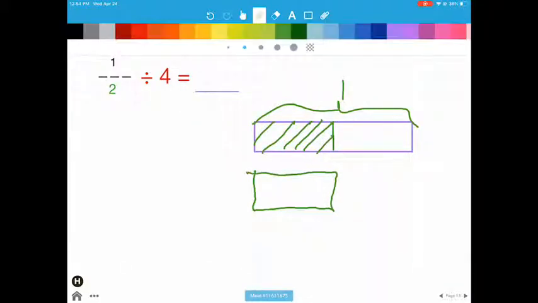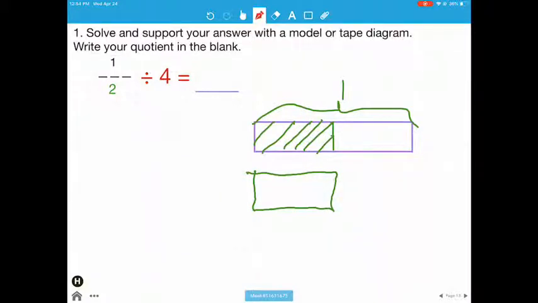All right, now that we have that tape diagram, we're going to divide half by fourths. So I'm going to divide this into fourths. Okay, and I'm going to do the same over here in the whole tape diagram. And this is going to allow me to see what one of these is.